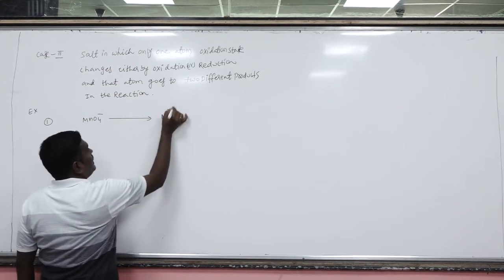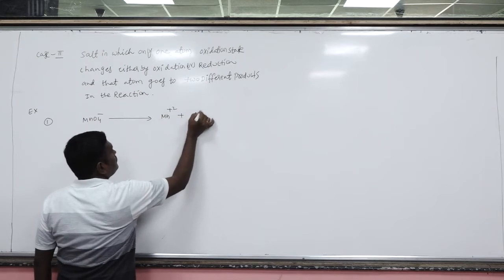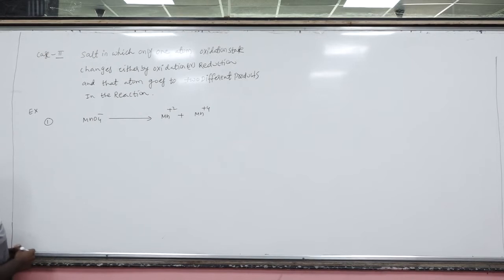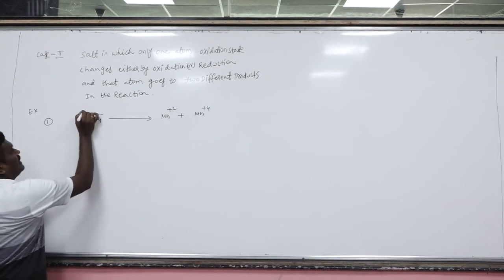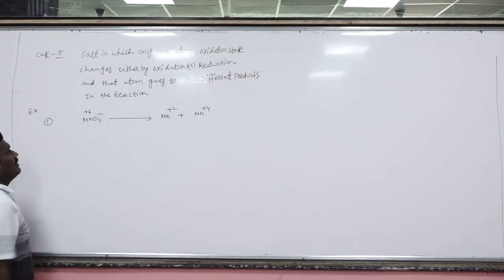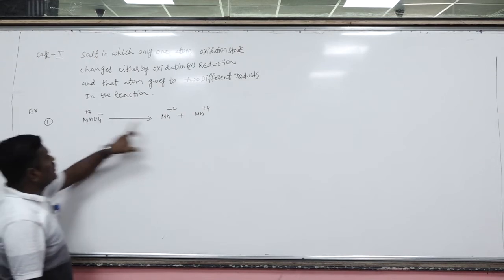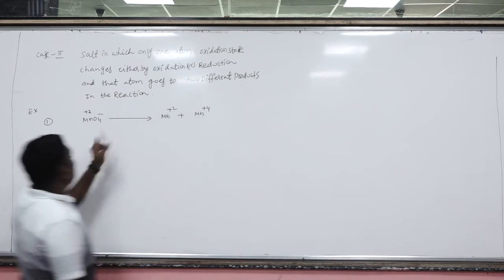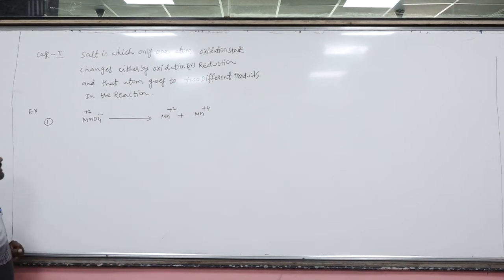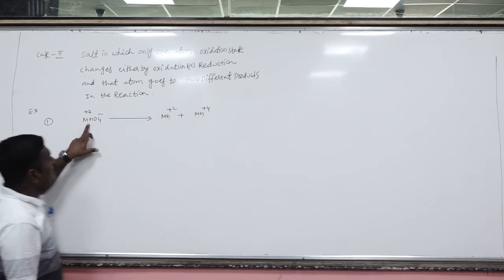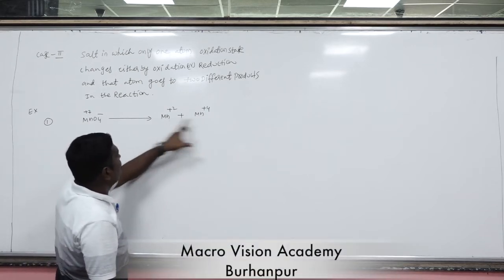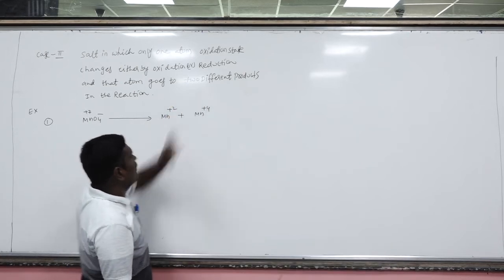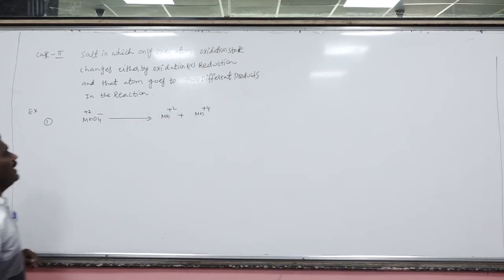It will be converted into Mn+2 and, let's suppose, Mn+4. In this reaction, what is the oxidation state of manganese? +7. The +7 is reduced to +2, and again the +7 is reduced to +4. So reduction takes place, but the manganese goes into two different products: Mn+2 one product, Mn+4 one product. Are you getting my point?